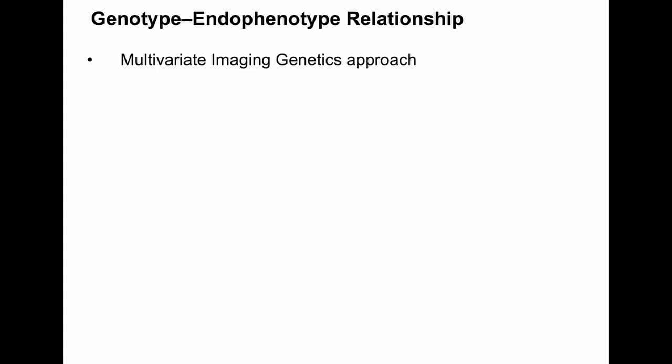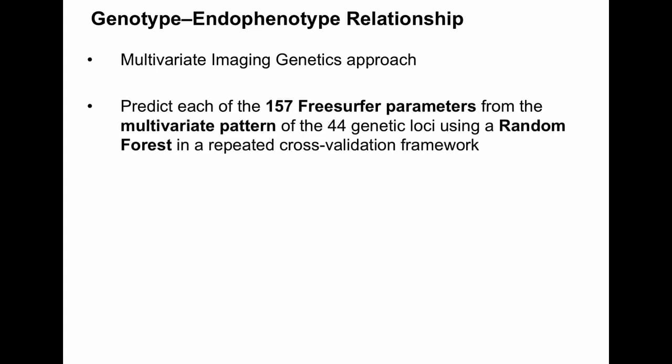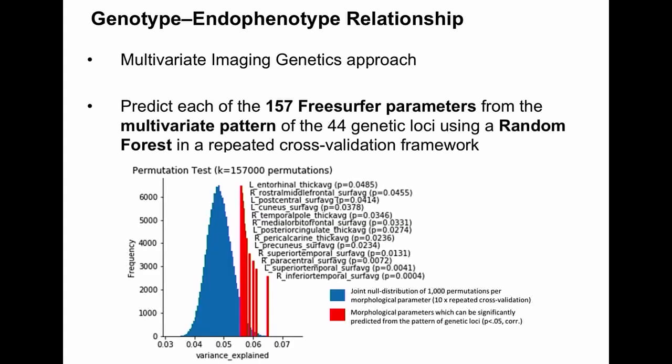So we took the 44 genetic variants and tried a machine learning approach, a random forest to be more specific, in a repeated cross-validation framework, and tried to predict from the pattern of the 44 genetic variants each single one of the 157 FreeSurfer parameters.